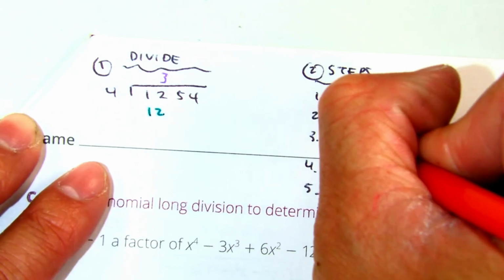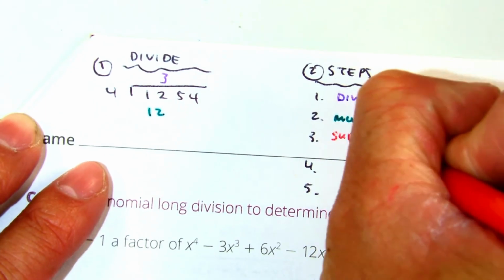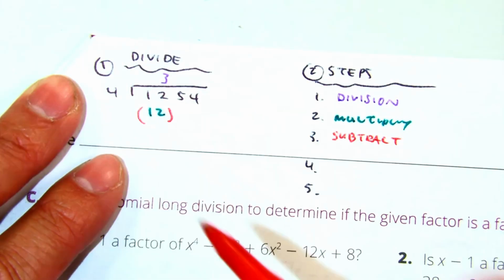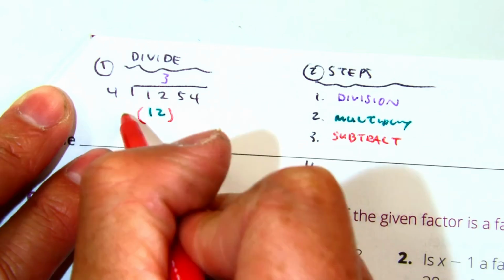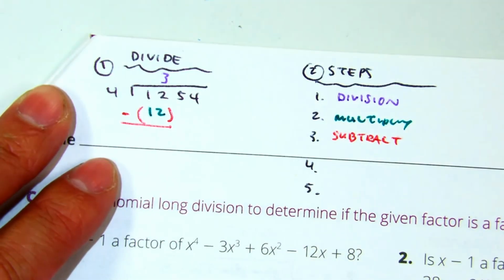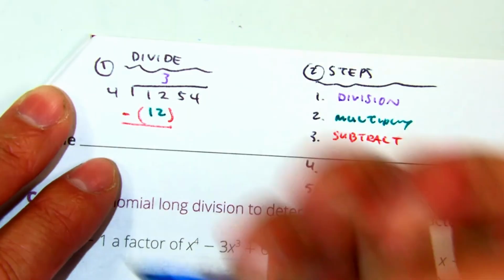Now, if you have different color pens, I am writing this in my special red pen because I'm trying to highlight what you're supposed to do. So put that in parentheses and put a subtraction sign. Okay, so let's subtract together. Class, 12 minus 12, that is 0.